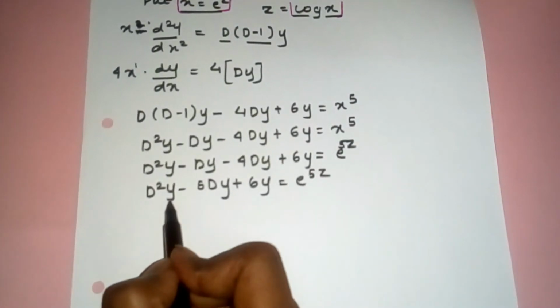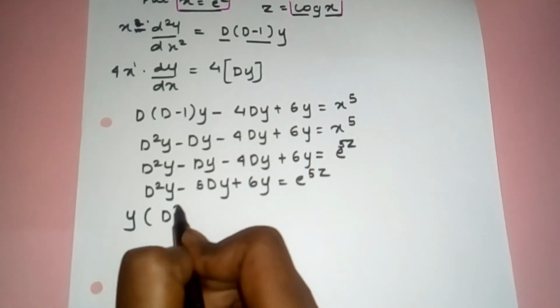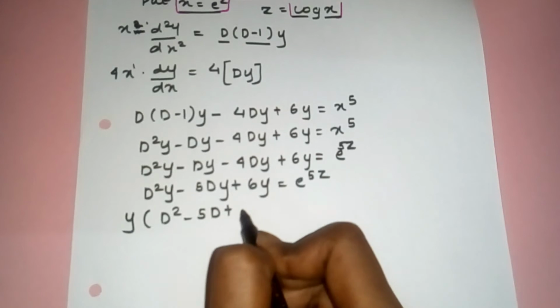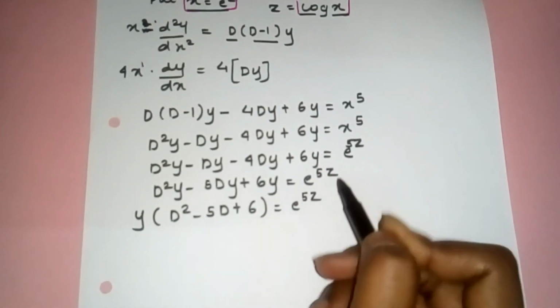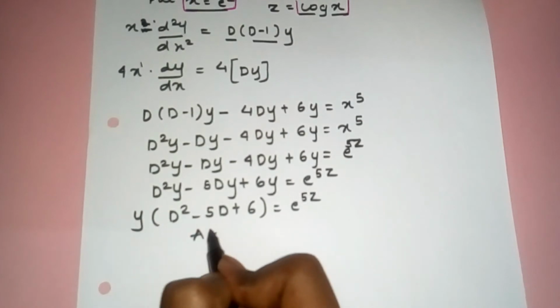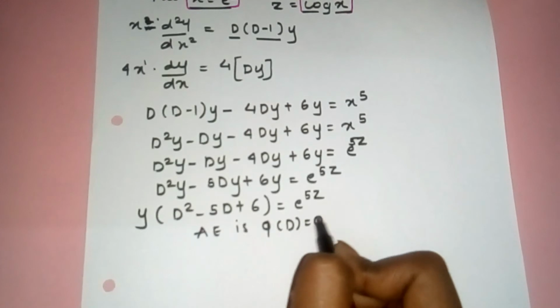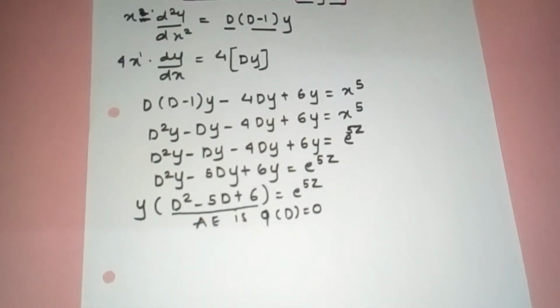So now we can take y outside. D square minus 5d plus 6 is equal to e raised to 5z. Now we can take the AE. Auxiliary equation is phi of d is equal to 0. So this means that this phi of d we have to put equal to 0.